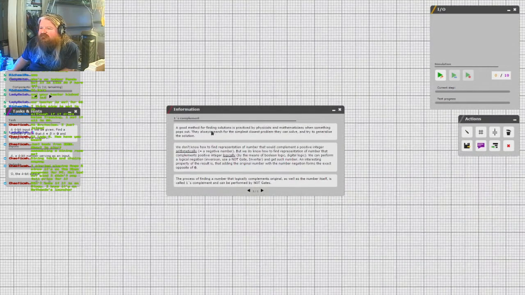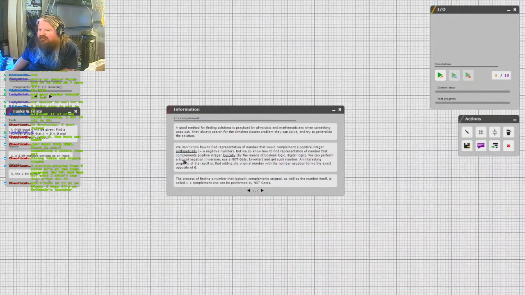A good method for finding solutions is practiced by physicists and mathematicians when something pops out. They always search for the simplest, closest problem they can solve and try to generalize the solution. We don't know how to find the representation of a number that would complement a positive integer arithmetically, equaling a negative number, but we do know how to find a representation of a number that complements positive integers logically, by the means of Boolean logic and digital logic.